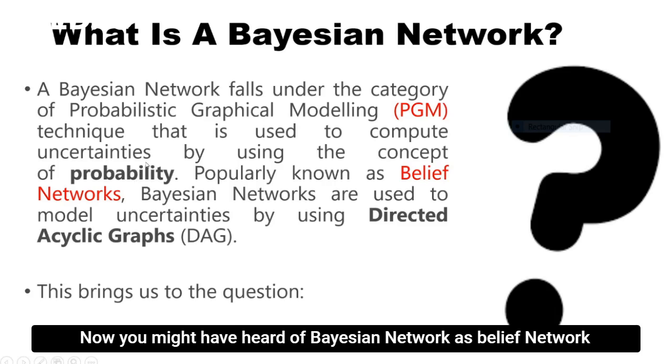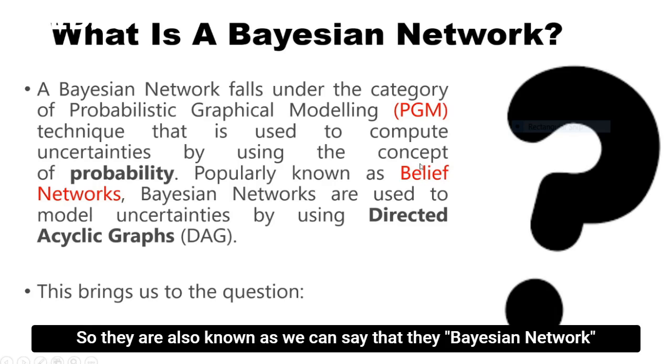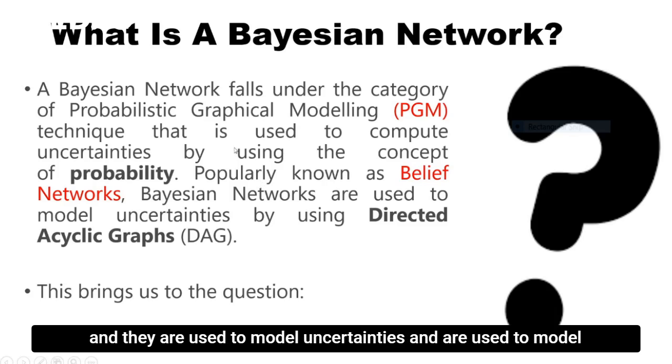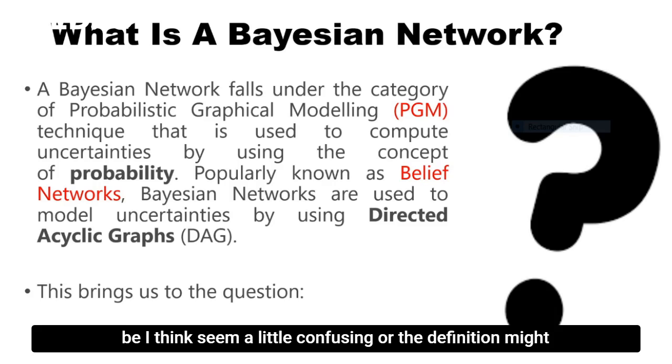Now you might have heard of the Bayesian network as a belief network and as a causal network. They are used to model uncertainties by using a directed acyclic graph. The definition might seem a little ambiguous, and saying they model uncertainties or unknown values might seem a little vague, but I will explain this with an example, so don't worry.